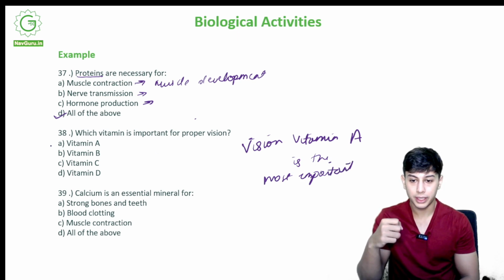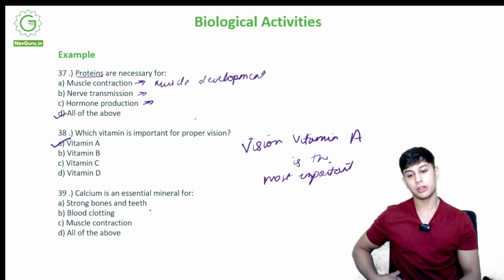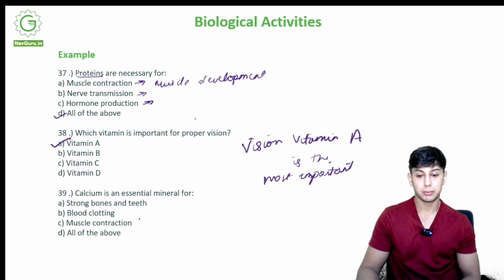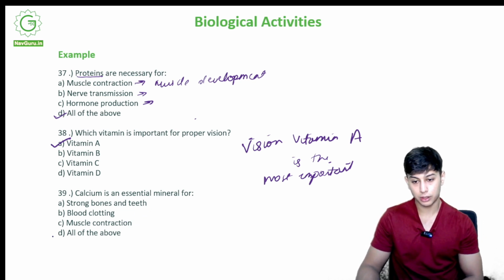Alright, vitamin A. Calcium is an essential mineral for strong bones and teeth, blood clotting, muscle contraction, all of the above. So the correct option is option D, all of the above. It gives us good bones and teeth. It helps in blood clotting. It also supports muscle contraction. Alright, all of these.